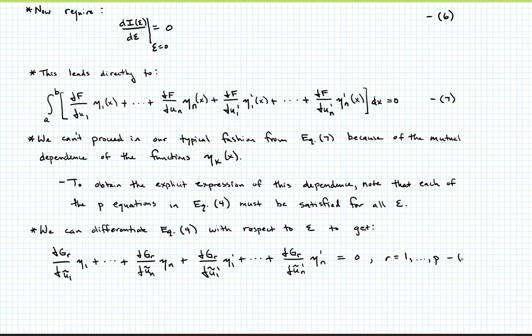Call this equation 8. So now if we say for epsilon equals 0, we remove our tildes and we write as follows.